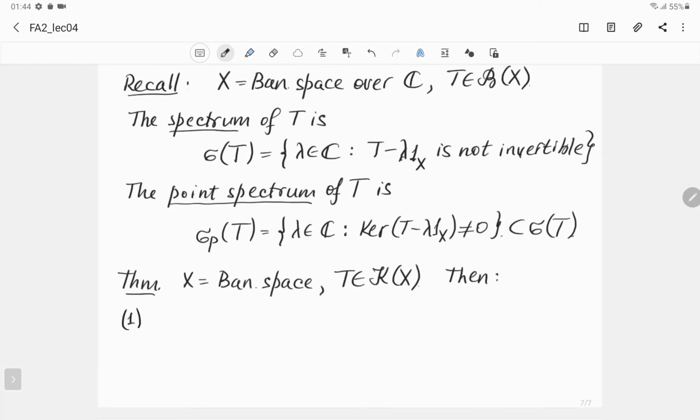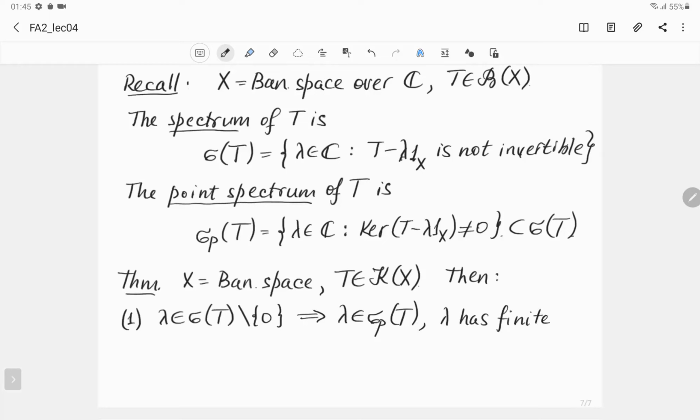First of all, if lambda is a non-zero point in the spectrum, then lambda is actually an eigenvalue. It sits in the point spectrum. Also, lambda has finite multiplicity, which means that the respective eigenspace is finite dimensional.